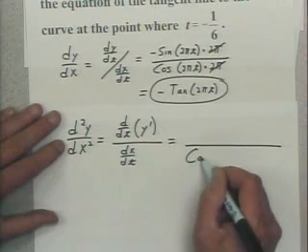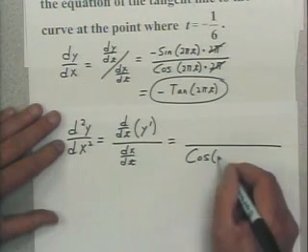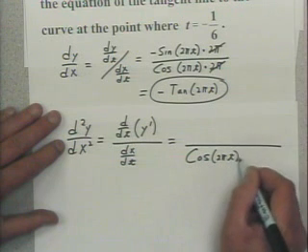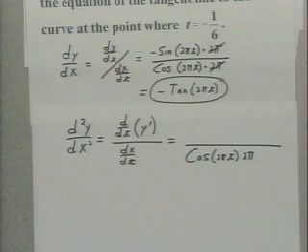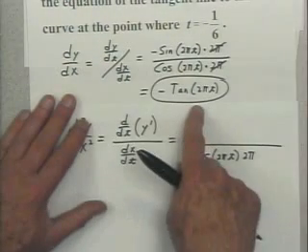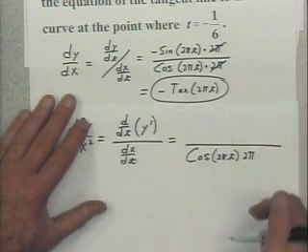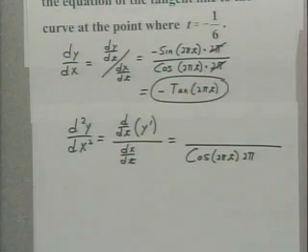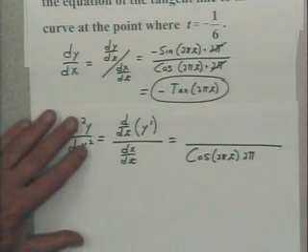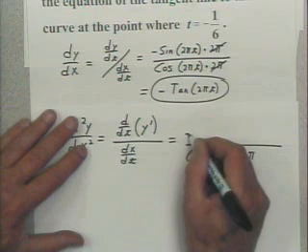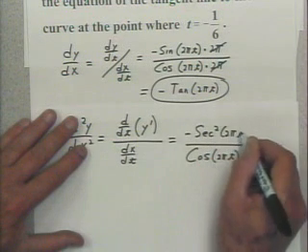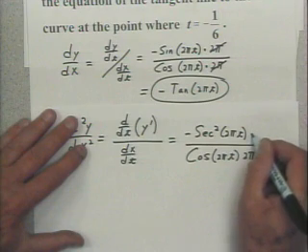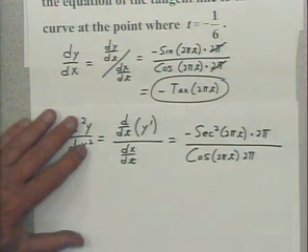And if I got it right before, then it should still be cosine of 2 pi t times 2 pi. But what does the numerator become? We have to take the derivative of the answer I just circled. What's the derivative of tangent? Secant squared. So this would be minus secant squared of 2 pi t, and then times 2 pi.